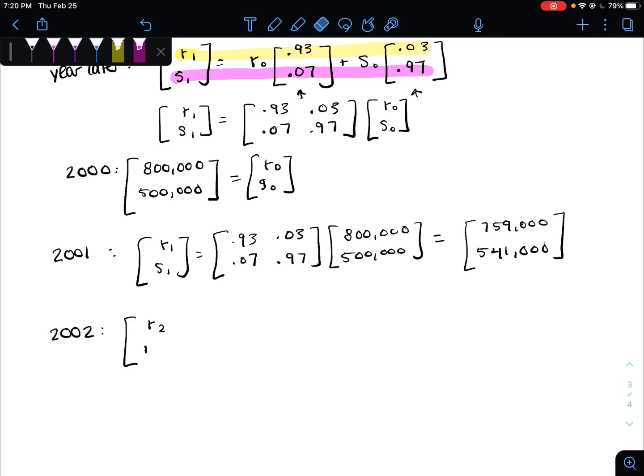So, I keep writing another R. Our next population, 2002, will be, again, the same matrix because the same changes happen every year, multiplied by our 2001 population.